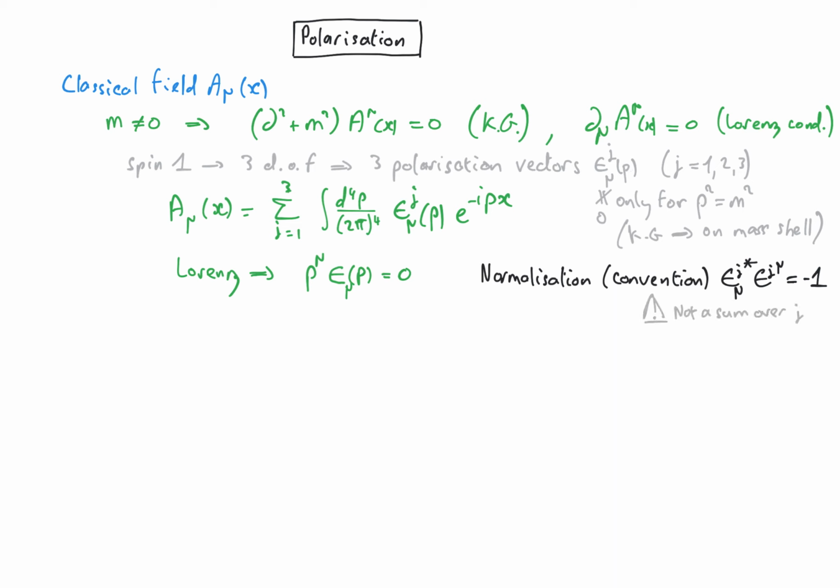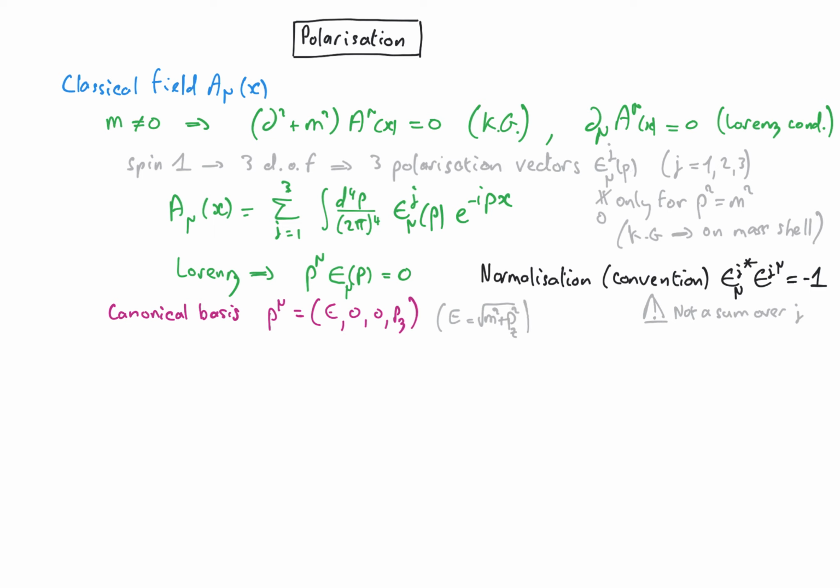To get an explicit expression for these polarization vectors, we need to choose a basis. So we choose a canonical basis by convention, where the momentum is aligned along the z-axis. And because we only consider momenta which are on mass shell, we have the usual relationship between energy and momentum.